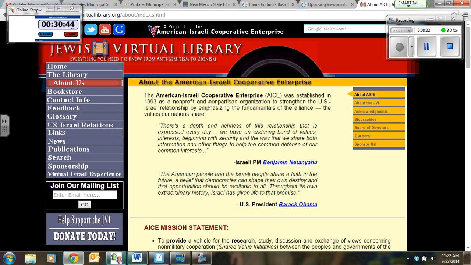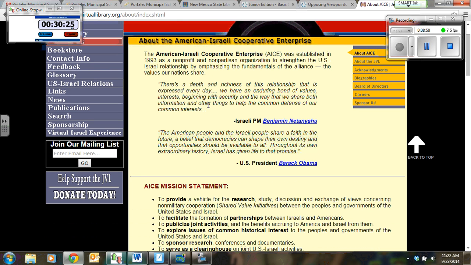They're not aligned with Republicans or Democrats or conservatives or liberals. Their goal is basically this idea of Americans and Israelis working together. Does that mean it's not biased? No. They have a bias, but they're very upfront in telling us what their bias is. That in itself is useful.